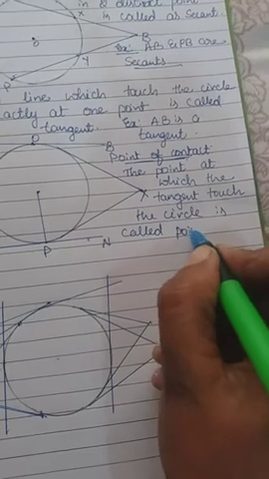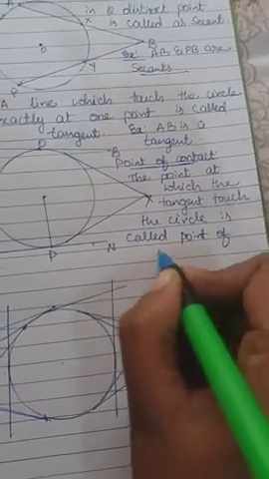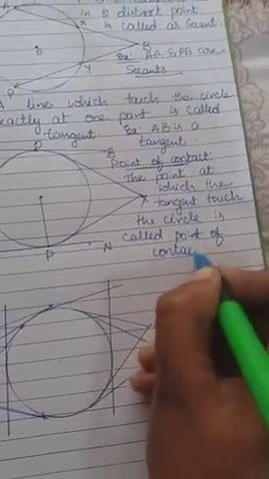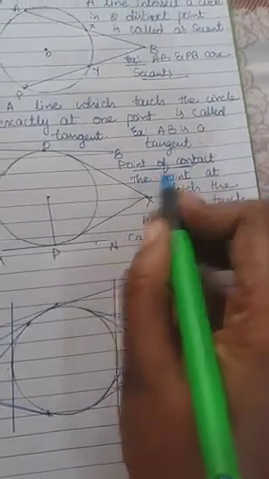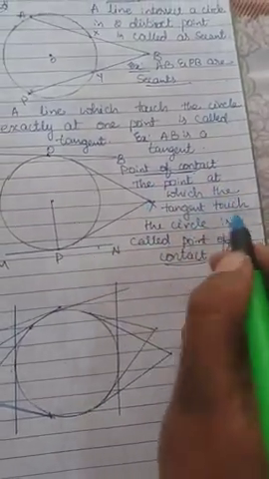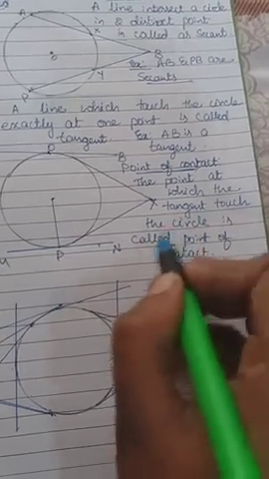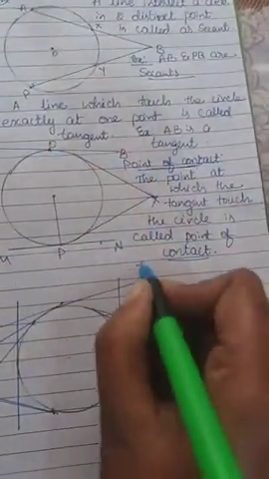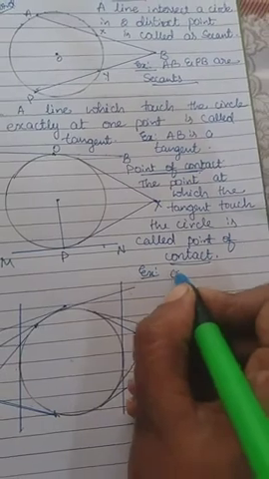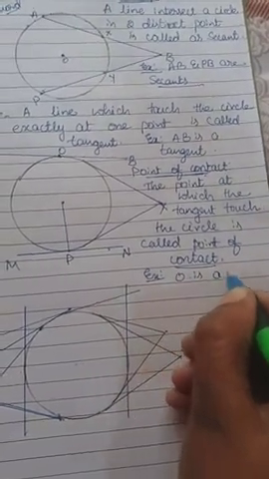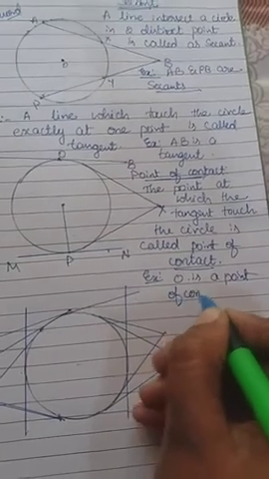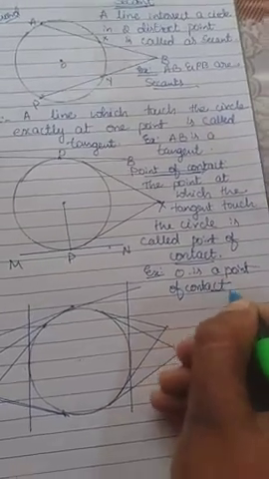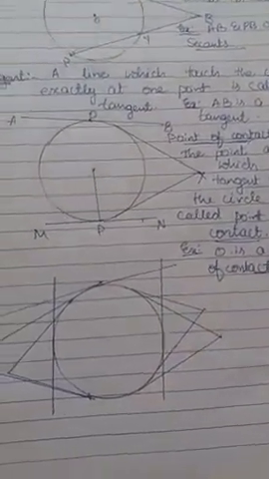In the example we have given, O is a point of contact. So this is called the point of contact.